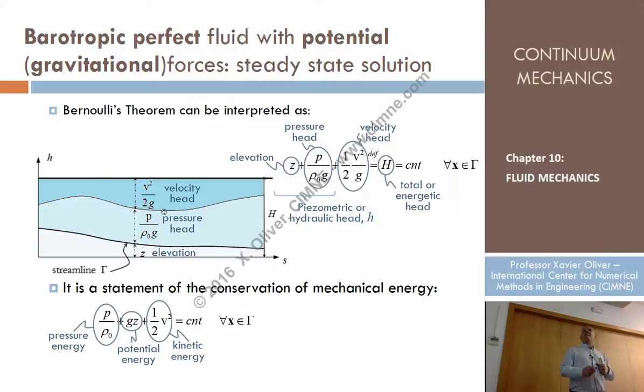How could I compute the velocity? By dividing the volume flow by the cross section, which could vary along the pipe. So I know this term and I know this term. So automatically I know the pressure everywhere in the pipe, and I can design the structure to carry out this pressure.